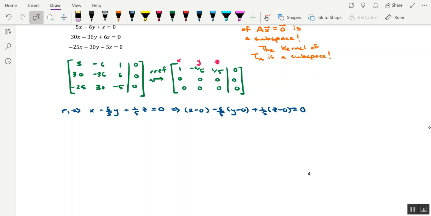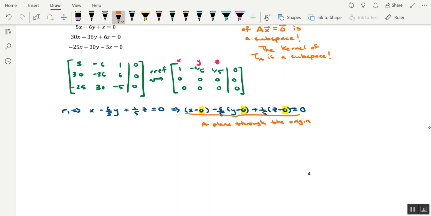So it should be clear that our solution space is a plane. In particular, it's a plane that contains the point 0, 0, 0. So based on this version of our solution, we can conclude that this is a plane through the origin. Okay, that's one way of arriving at the solution space of the linear system.